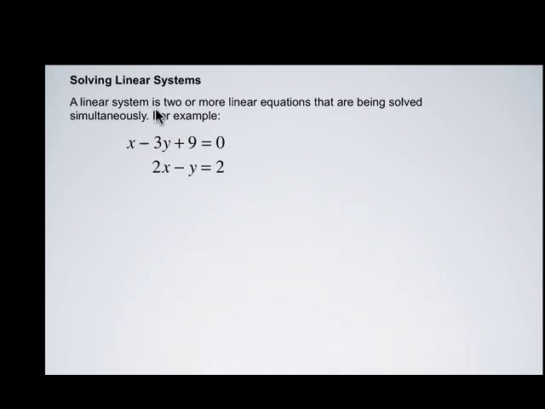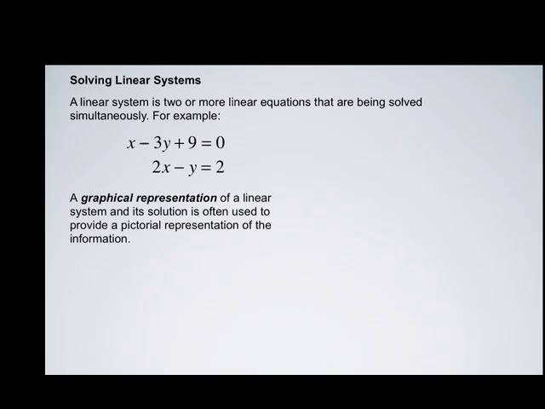And a system then is two or more linear equations on the same graph. So a graphical representation is often used to provide information about both these two linear relations.